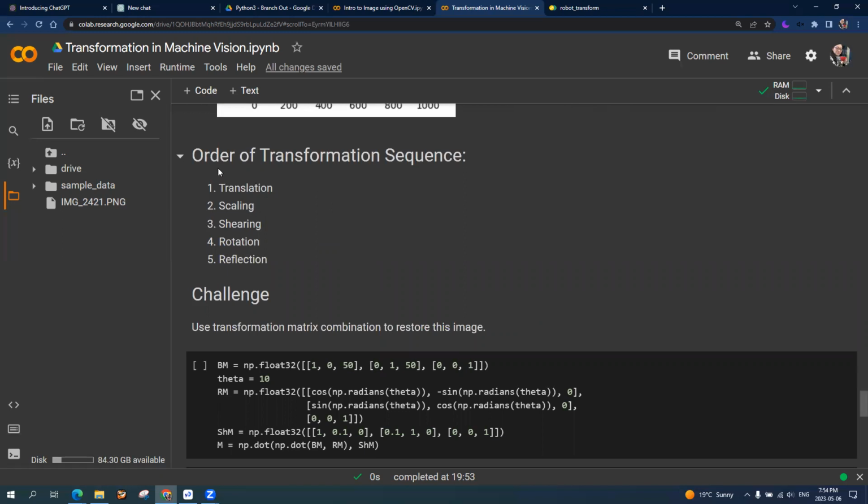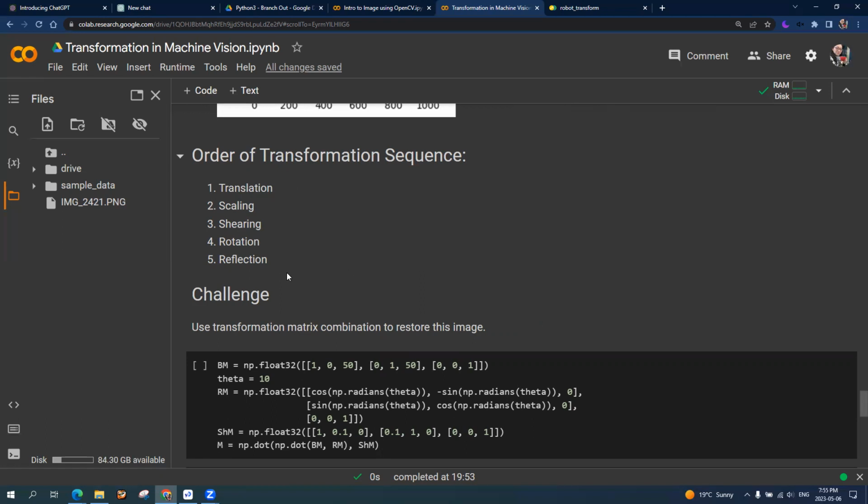This order here: translation first, then scaling second, then shearing third, then rotation fourth, and reflection last, is the order where people can intuitively think and see things happening. It's going to come out as you predict, as your brain predicts. If you don't do it in this order, your brain can't really figure out what is going on.